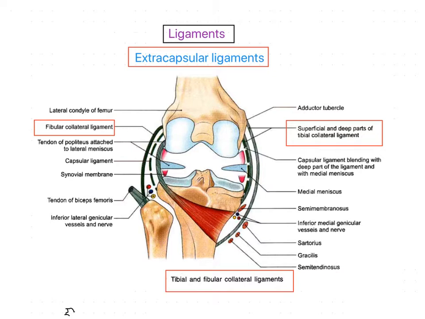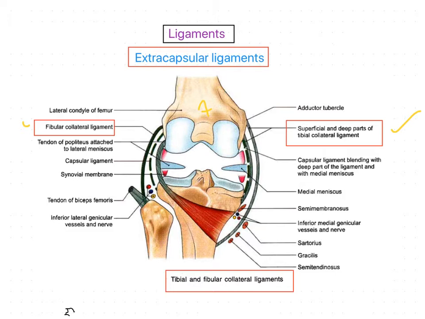Mainly, the extracapsular ligaments of the knee joint are the tibial collateral ligament or medial ligament, the fibular collateral ligament or lateral ligament, and anteriorly the ligamentum patellae, and posteriorly two ligaments.